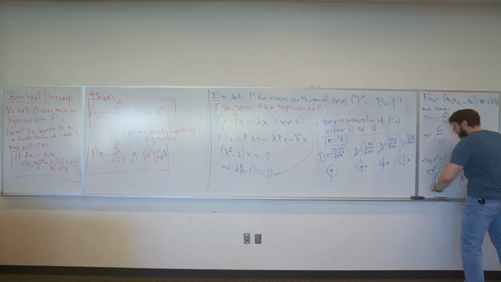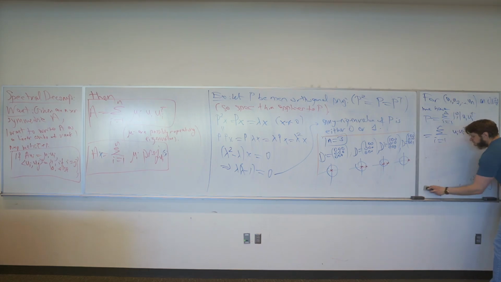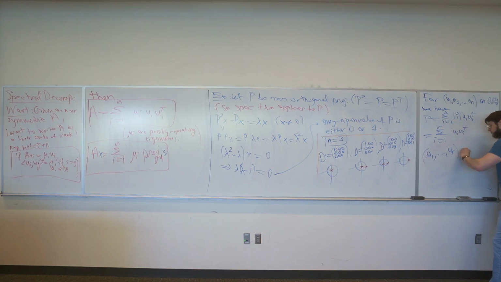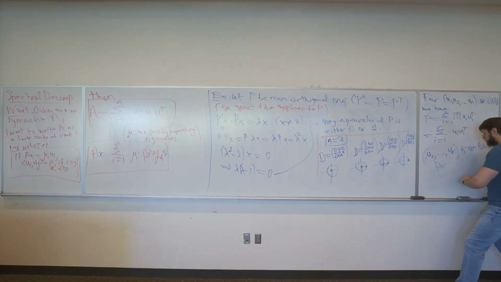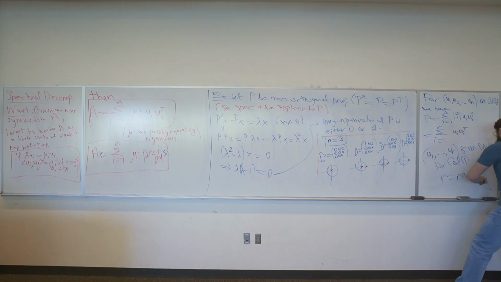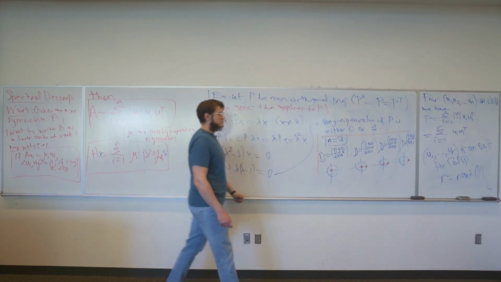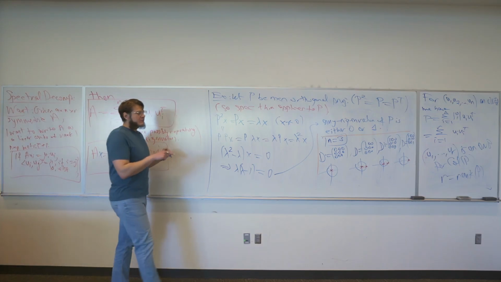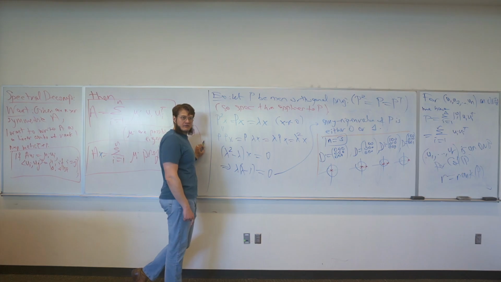The ui form an ONB for the column space of P, and consequently r is equal to the rank of P. Because note that in this case, for an orthogonal projection, the column space is the same thing as the eigenspace associated to 1, and the null space is the eigenspace associated to 0.